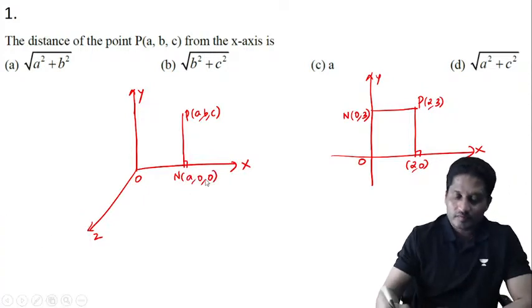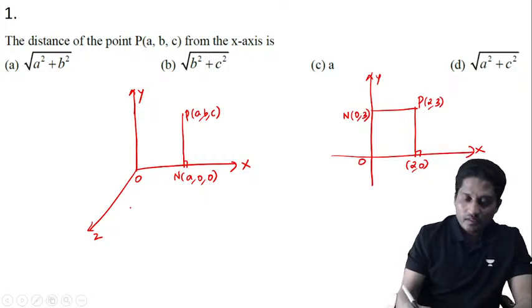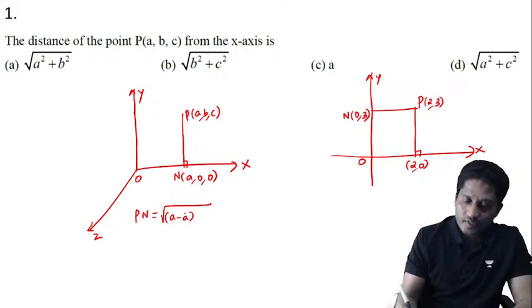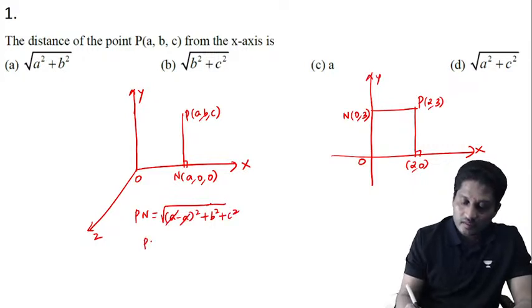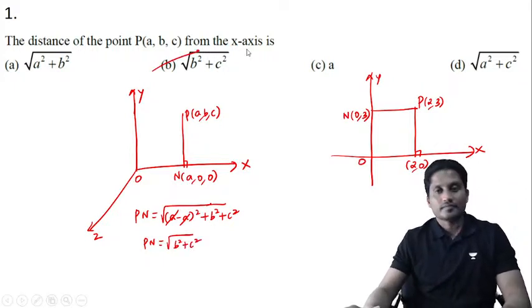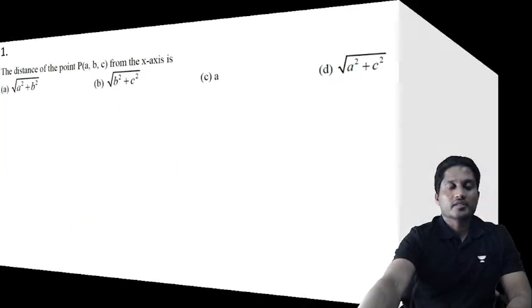If I use the distance formula, PN is equal to root of a minus a the whole square, b minus 0 the whole square is b square, c minus 0 the whole square is c square. This will cancel. PN is equal to root of b square plus c square. Answer is option B. Right, let's move to the next question.